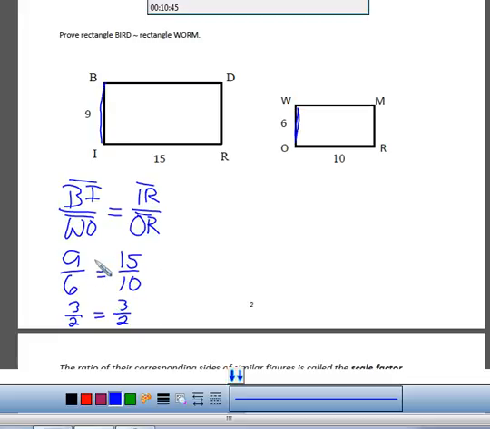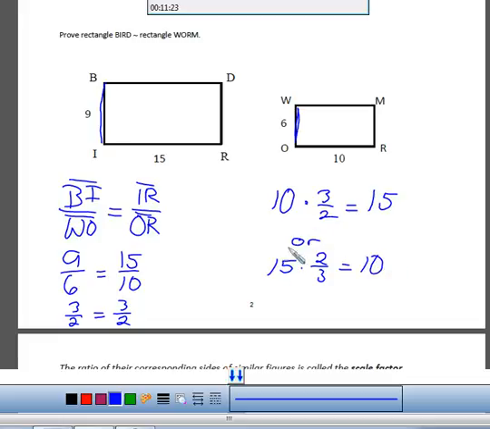So same thing, what would I multiply 15 by to get 10? You would actually multiply that by the reciprocal, 2/3, or what would I multiply 10 by to get 15? 10 times 3/2 gives me 15, or 15 times 2/3 equals 10.